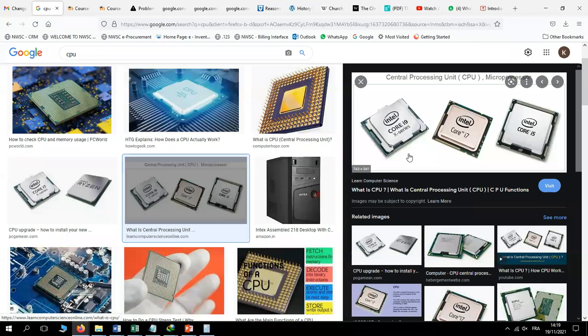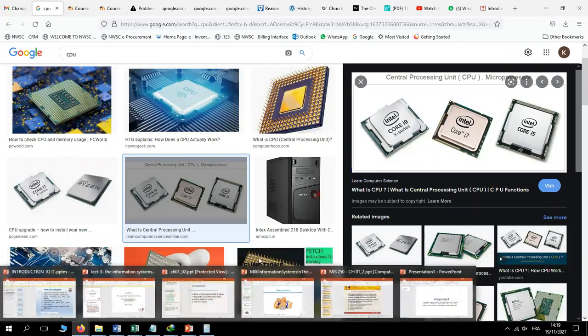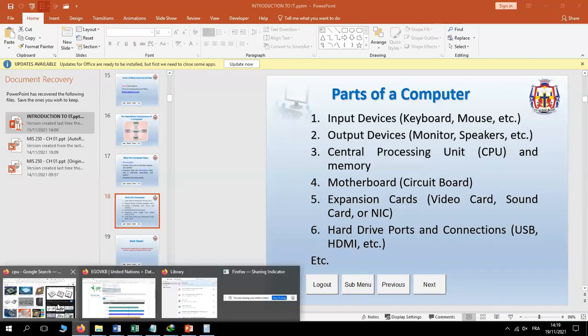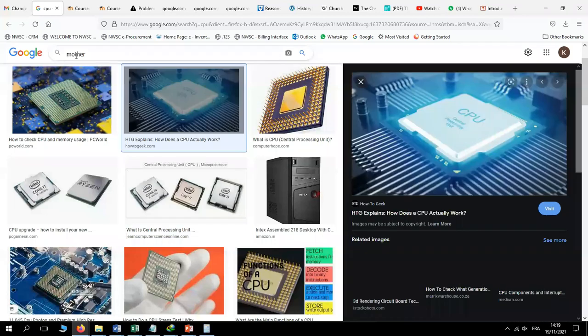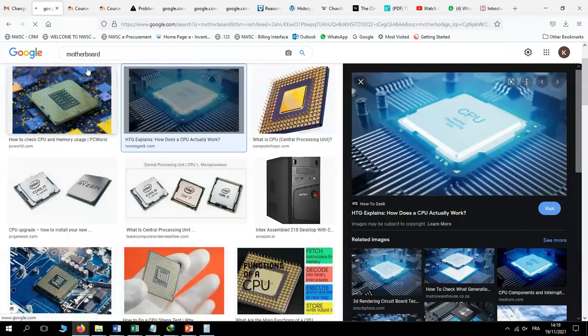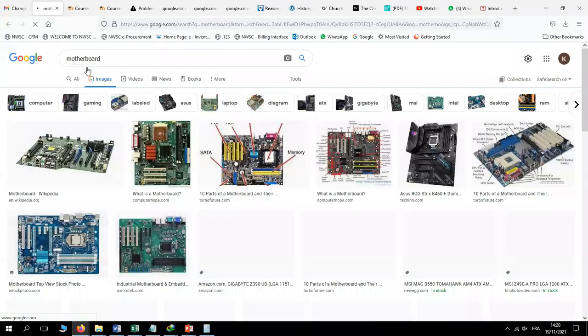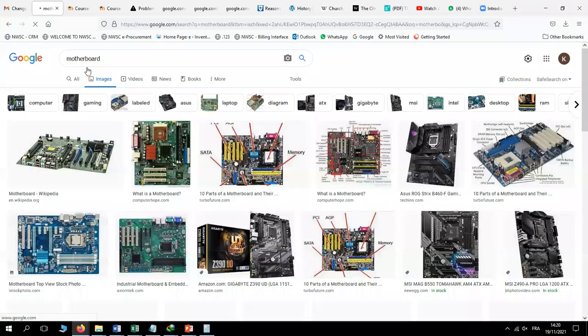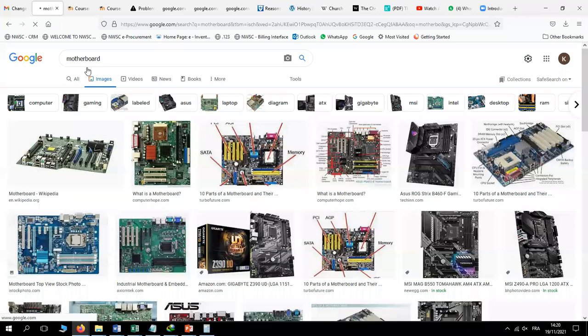Just like the word suggests, mother, the mother unifies all the members of the family. For the motherboard, if you are to connect any component on the computer, you are actually connecting it to the motherboard.